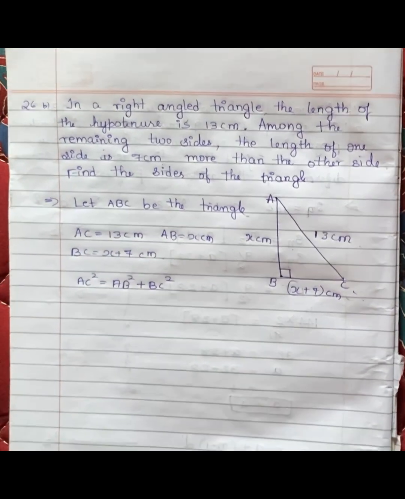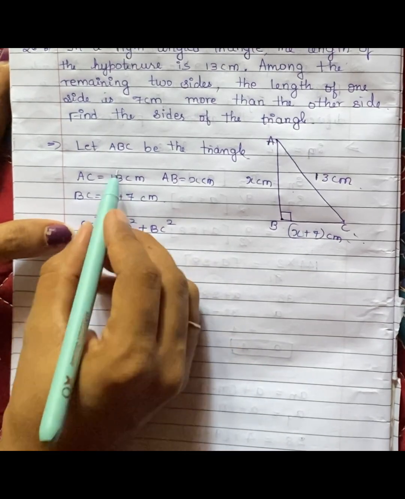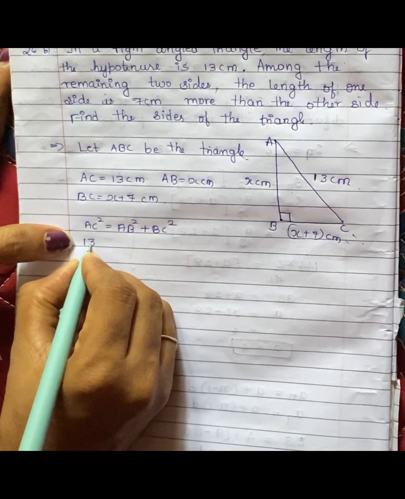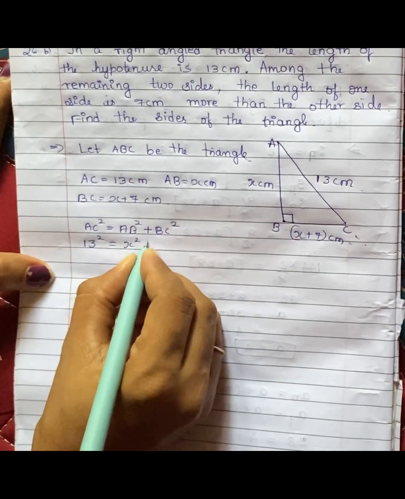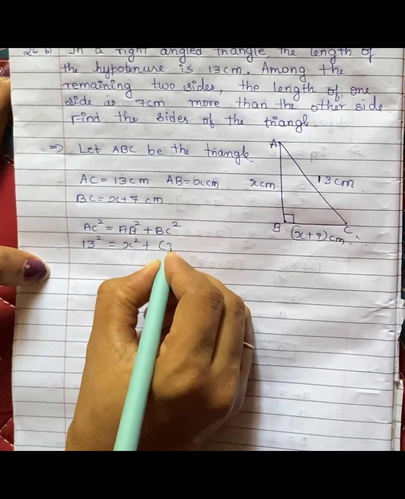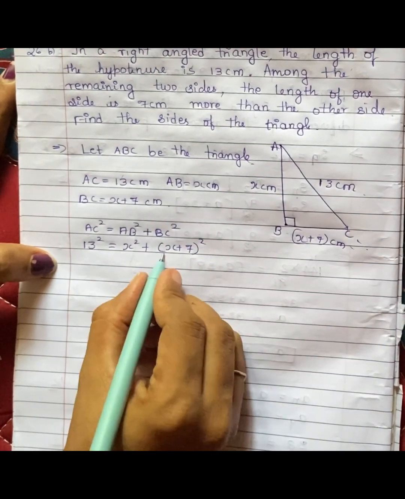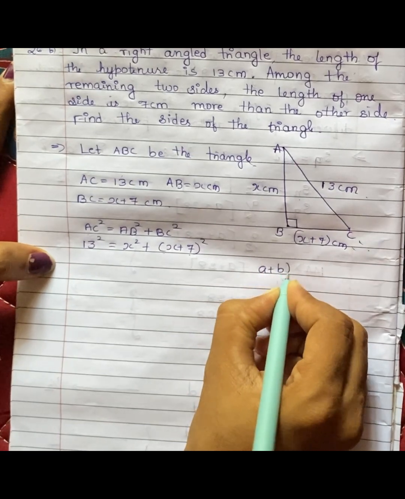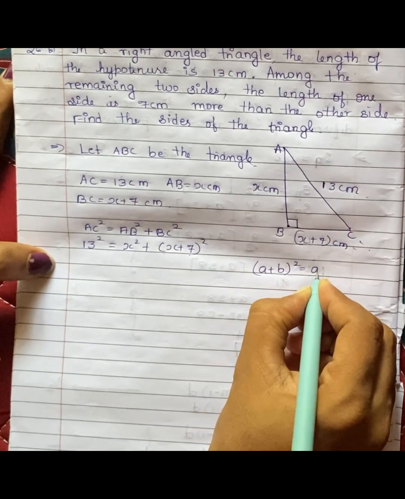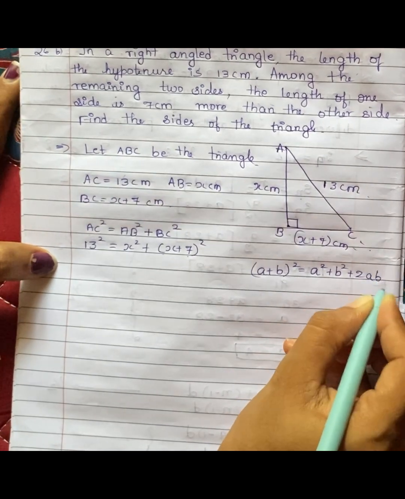Now we have to replace it with the given value. Whereas AC value is 13, square is equal to AB value is x square, BC value is x plus 7 whole square. So x plus 7 whole square is nothing but a plus b whole square, that is a square plus b square plus 2ab.